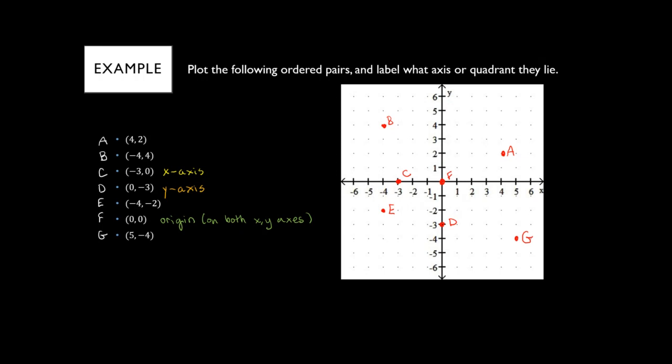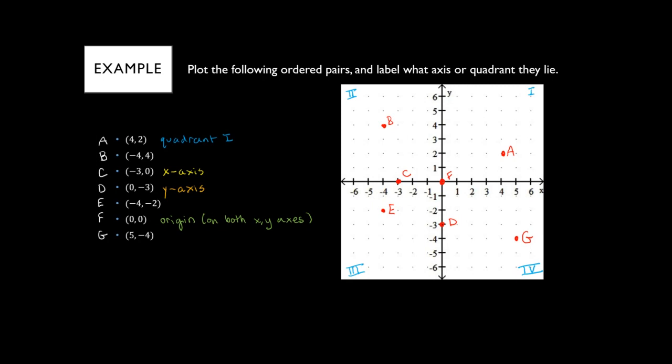So A is in quadrant 1. So if I label these, that's 1, 2, and we always use Roman numerals for our labels. So A is in quadrant 1. And sometimes I just abbreviate that Q1.